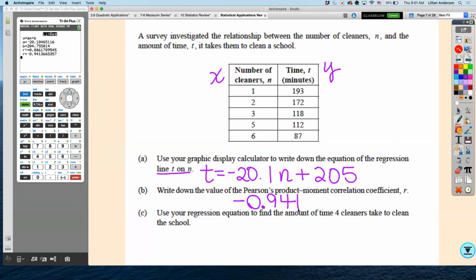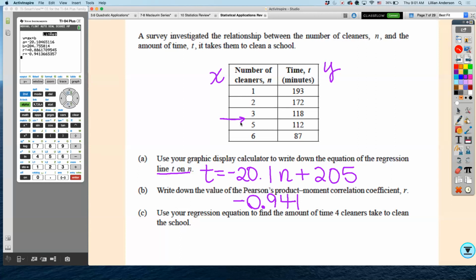Then it says to use your regression equation to find the amount of time 4 cleaners take to clean the school, because if you notice 4 was missing from the data. And so we can use our regression equation to find that. If you happen to get the regression equation wrong, still use that equation, because you could get follow-through points because you knew that you were to plug it into your regression equation.